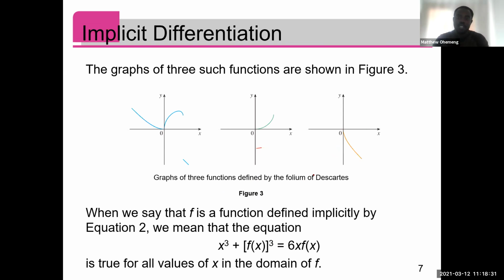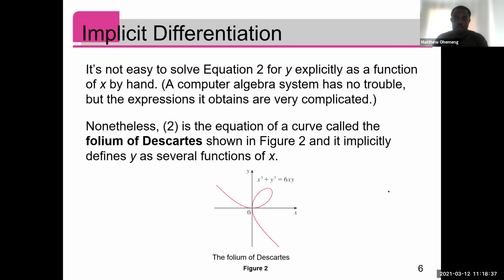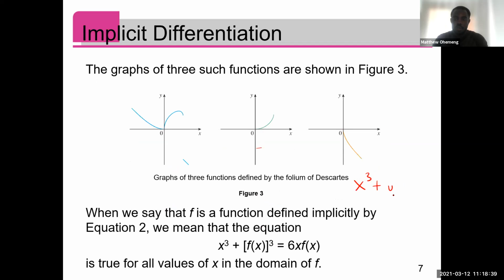Now, for implicit differentiation, all that you have to do is just note that, looking at this, remember that the folium of Descartes is given by x cubed plus y cubed equals 6xy. First and foremost, the y that we are trying to solve for in terms of x is some function of x.